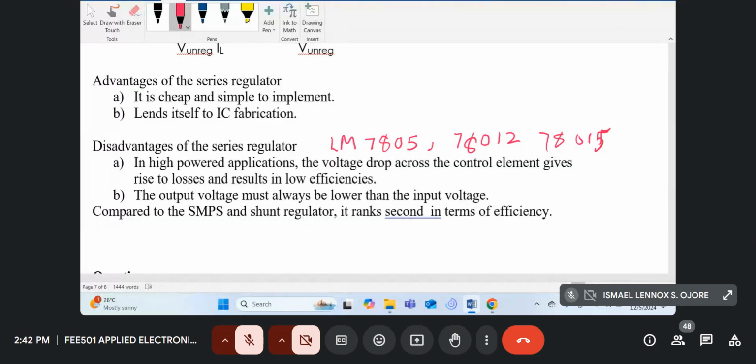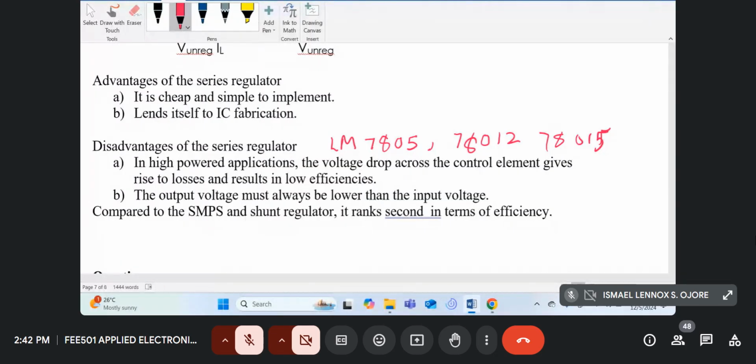Now the disadvantage of these series regulators is, number one, or A, in high power applications, the voltage drop across the control element gives rise to losses and results in low efficiency. So if you want high efficiency, your design output voltage should be close to the input voltage.